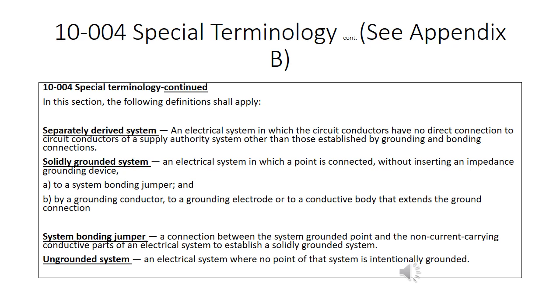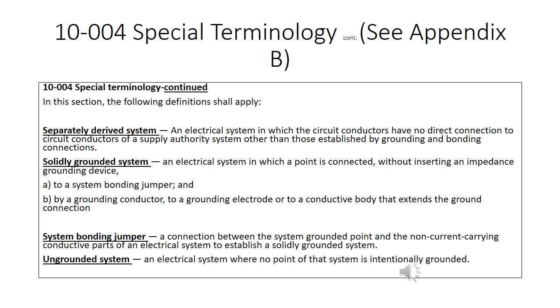A system bonding jumper could be any number of ways to perform this. An example of a system bonding jumper is bonding the X0 point of a 3-phase transformer to the frame of the transformer.